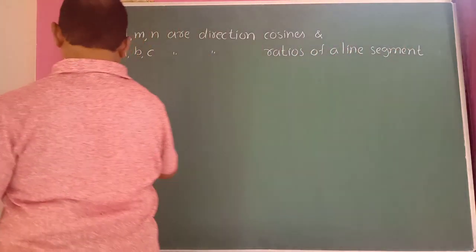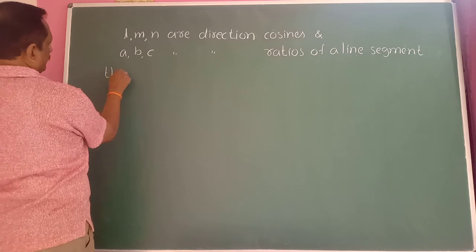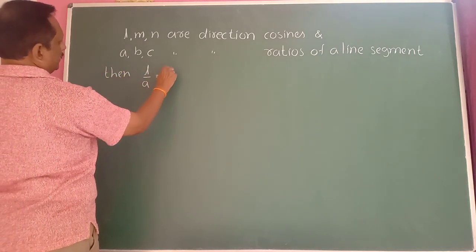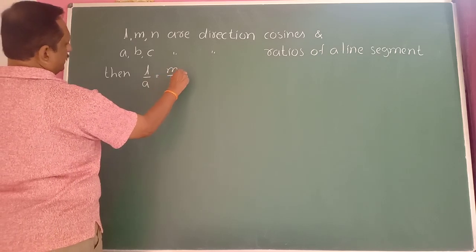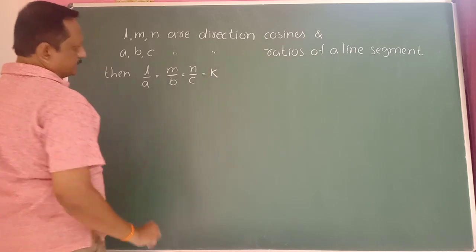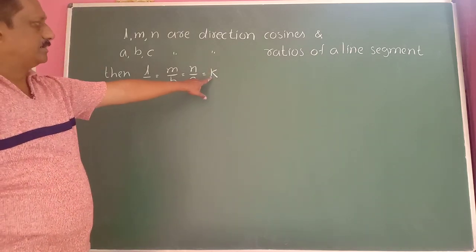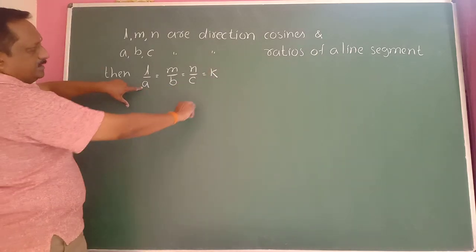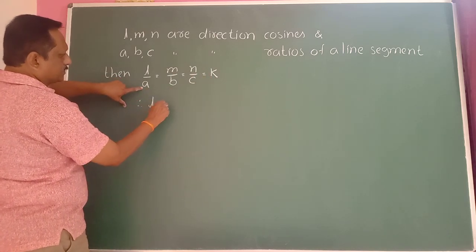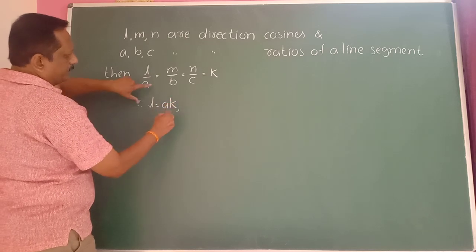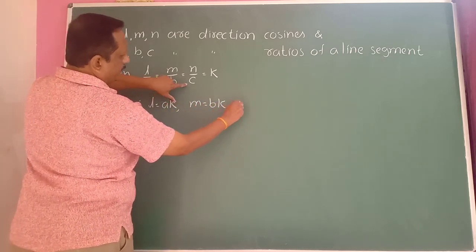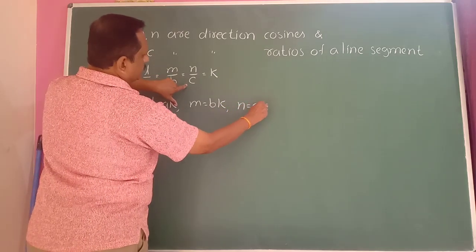They are proportional. l divided by a is equal to m divided by b is equal to n upon c is equal to some constant k. Therefore, l upon a is equal to k. Then cross multiply, so l is equal to a into k, m is equal to b into k, and n is equal to c into k.